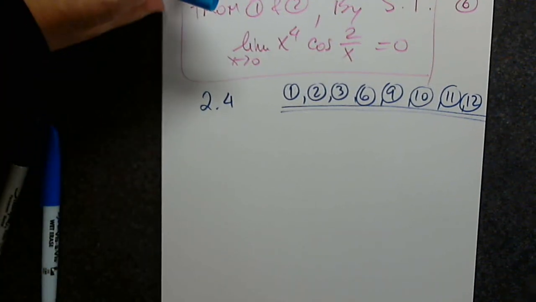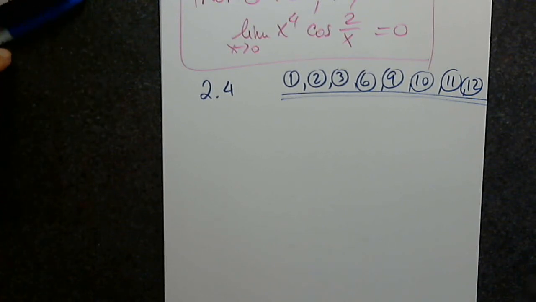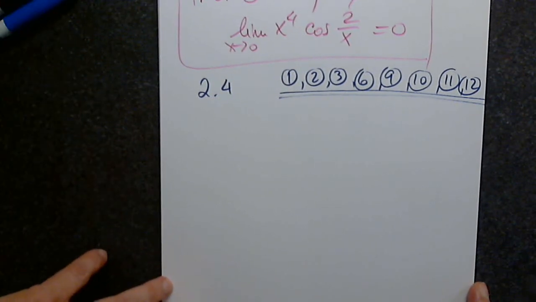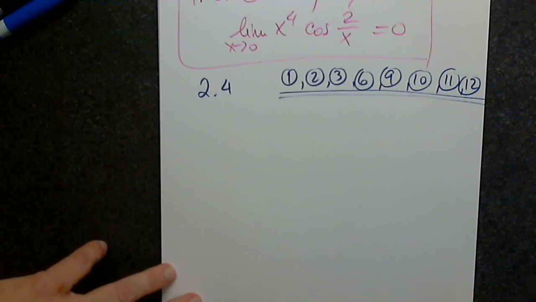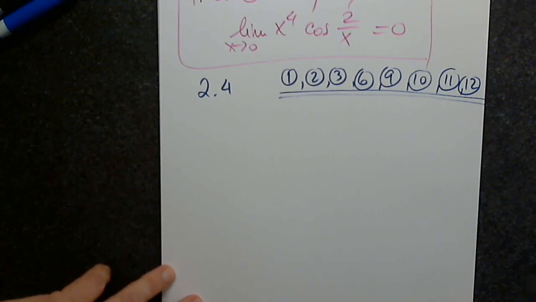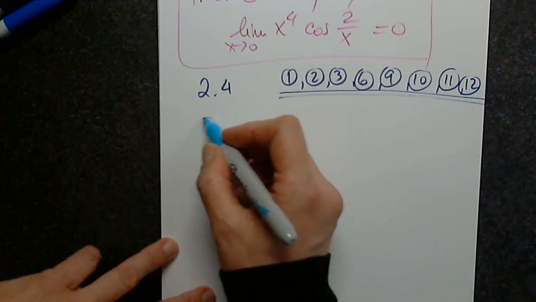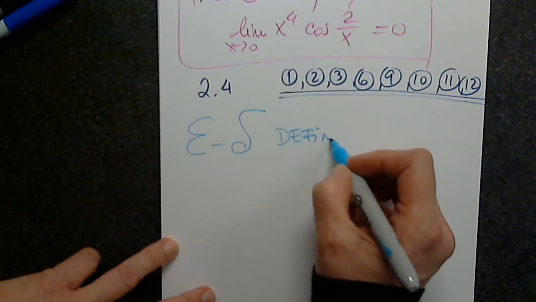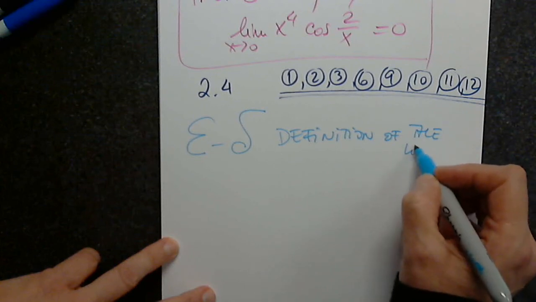Okay, 2.4 is the only formal proof that we will see in this class. You will see others in other classes, but not in this one. We use two different verbiage, if you want, for the same thing. One is the one I like because it's shorter: the epsilon delta definition of the limit.